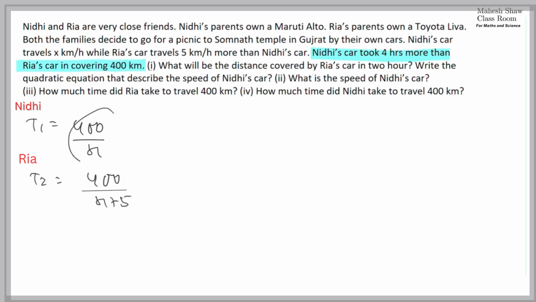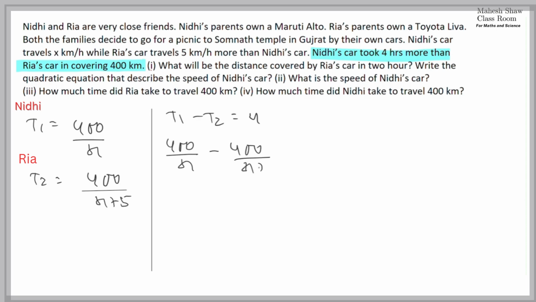So this time is bigger than this. So T1 minus T2, that is time in the first case minus time in the second case, as per the question, is 4 hours. Now I'll replace T1 with 400 over x and T2 with 400 over x plus 5, which is equal to 4.